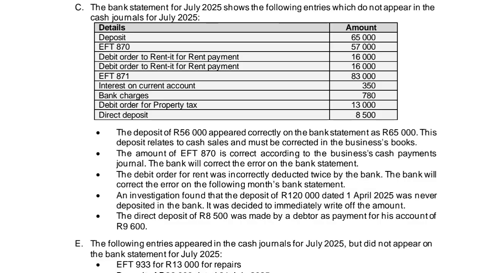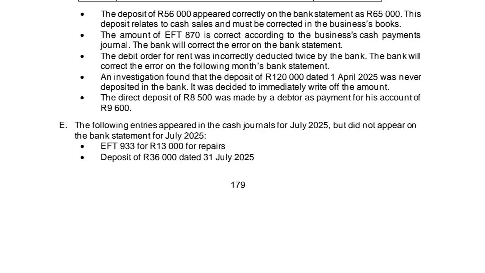Then we will read bullets 1, 2, 3, 4, 5 accordingly when we complete the question. E. The following entries appeared in the cash journals for July 2025 but did not appear on the bank statement for July 2025. We will then enter these entries in the bank reconciliation statement.